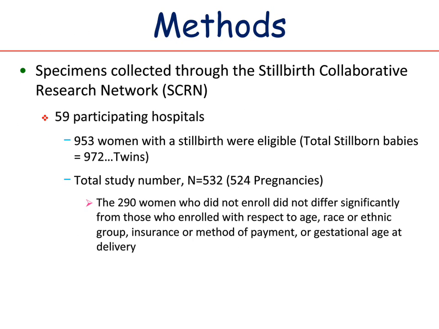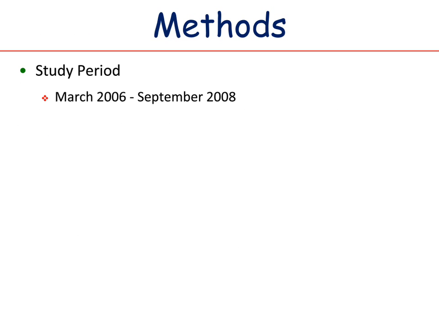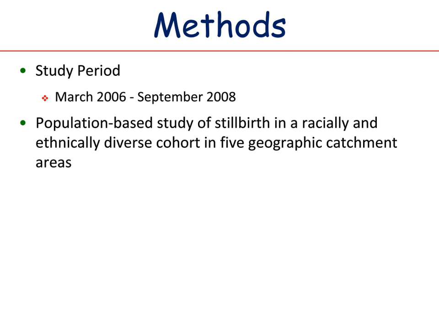The 290 women who did not enroll did not differ significantly from those who were enrolled with respect to age, race or ethnic group, insurance or method of payment, or gestational age at the time of delivery. The study period was from March 2006 to 2008. It was a population-based study of stillbirths in a racially and ethnically diverse cohort in 5 geographical catchment areas.